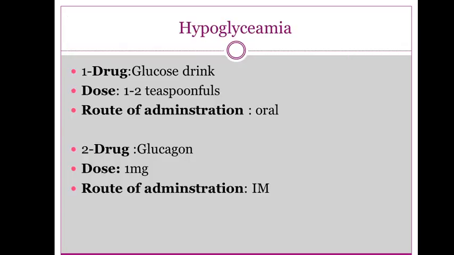In case of hypoglycemia or patients with diabetes, the dental management is we give the patient a glucose drink, 1 to 2 teaspoonfuls. Route of administration oral, okay. This is one type of management. The second type of management is glucagon, 1 milligram, and it's given intramuscular, okay.